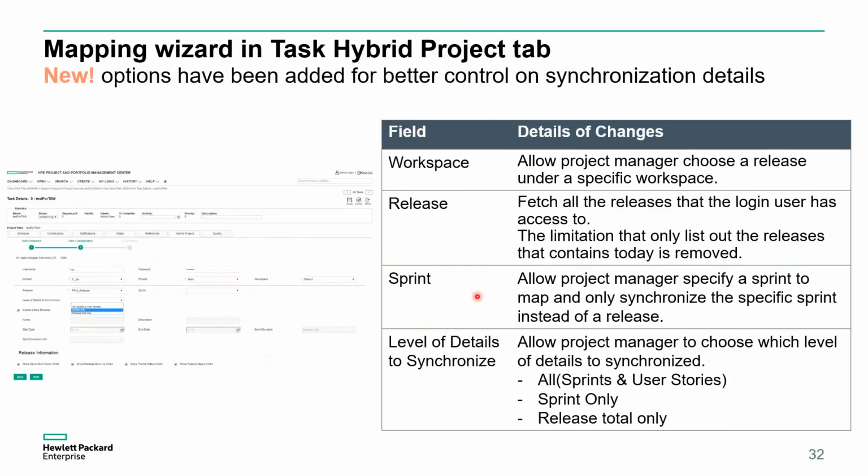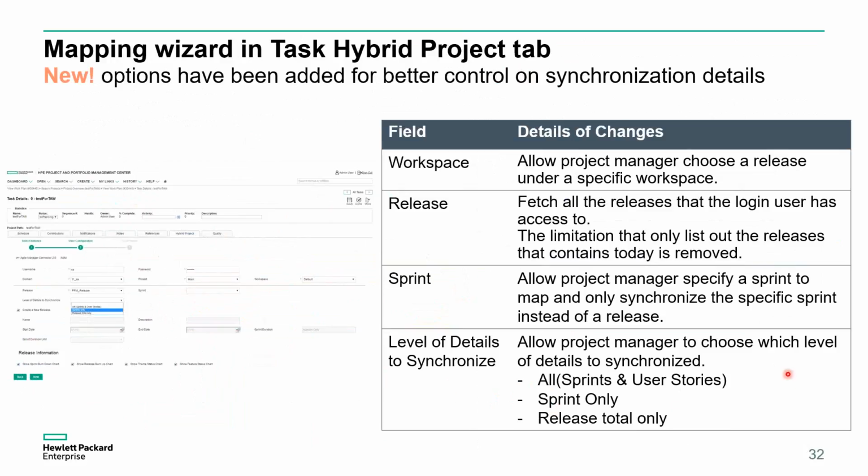Here, again, it's the sprint information. If you're connecting, you want to get that information. Or what happens is once you've created a release, the sprint information will come over to PPM based on the level of details that you've defined that you want to come over.